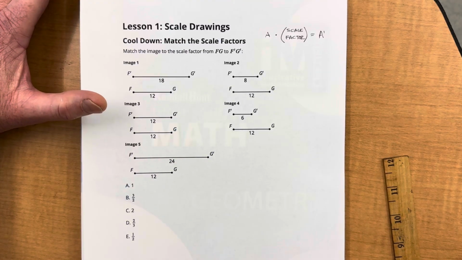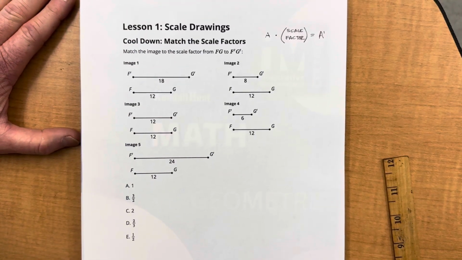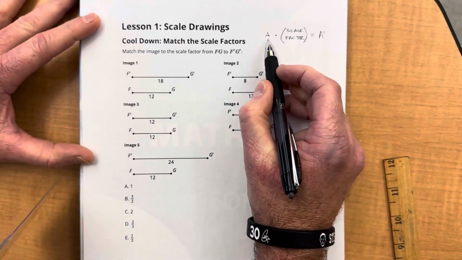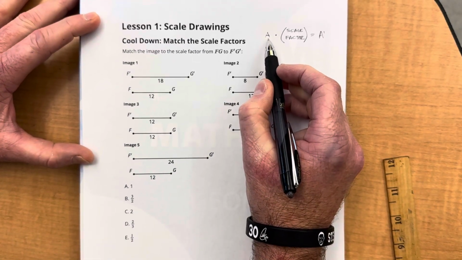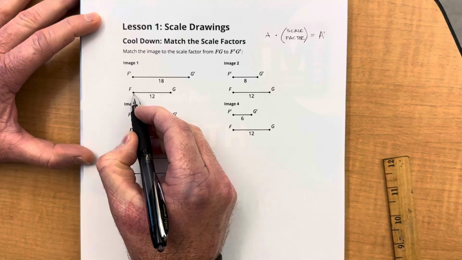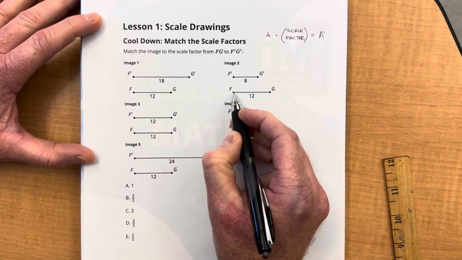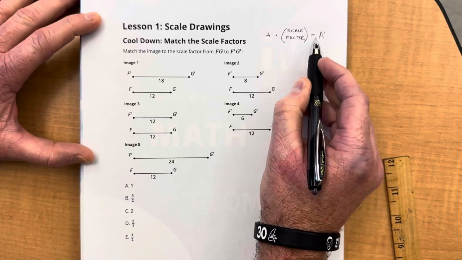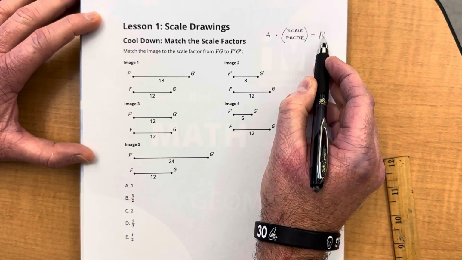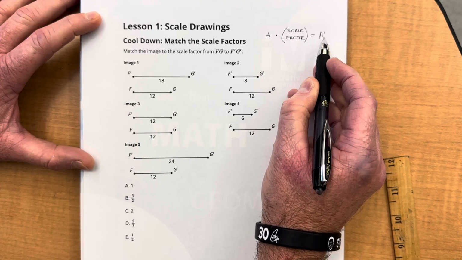All right, so it's basically the pre-image, like FG, times the scale factor equals the image, which is the copy.